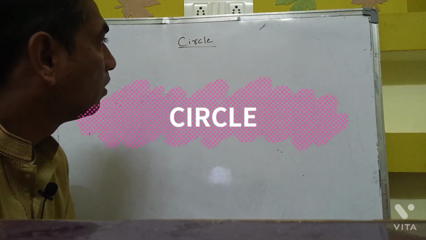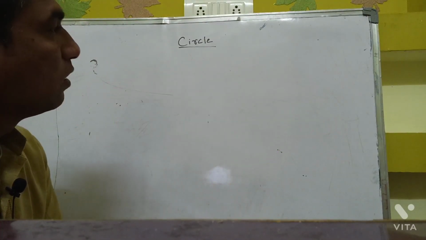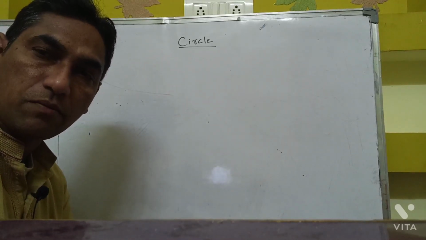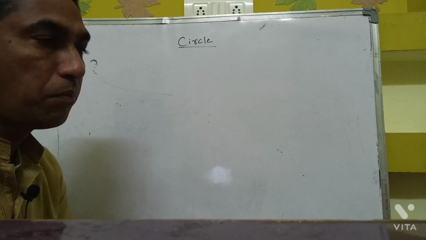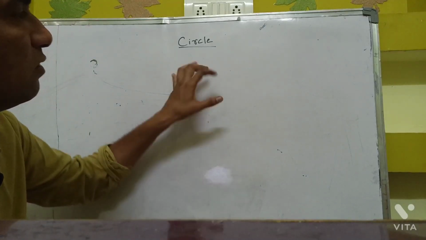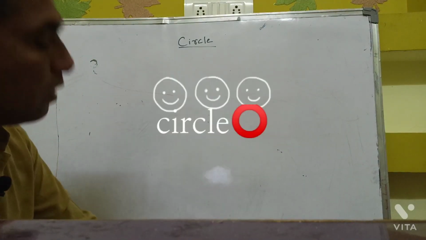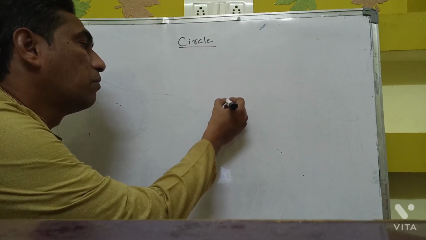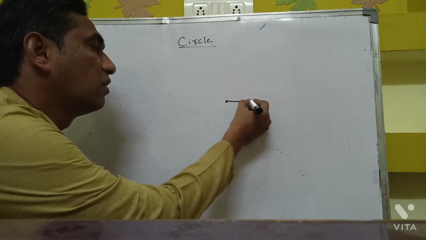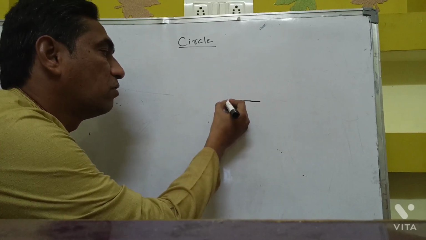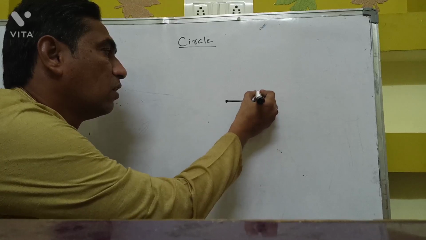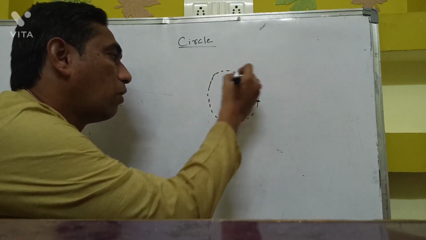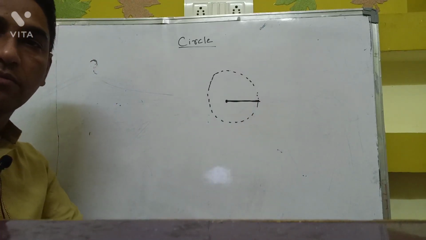Today I am explaining the basics of the circle: what is the exact definition of a circle and what are the points we have to cover in this topic. See, the circle definition is this: from a fixed point, with a fixed distance, if you join all the points, it forms the circle.